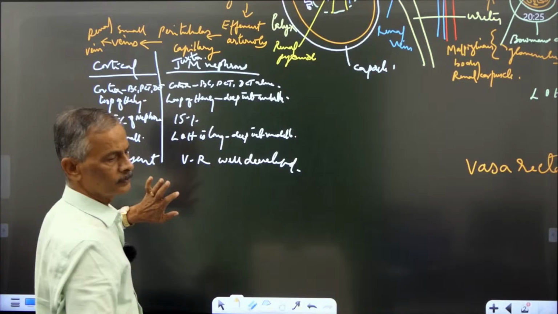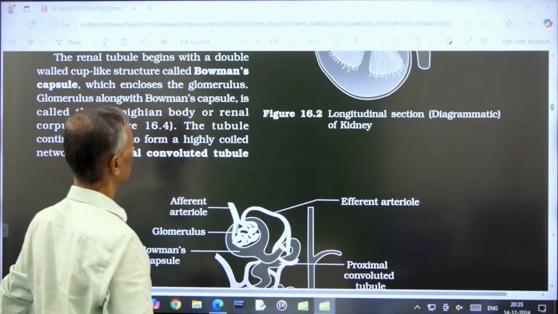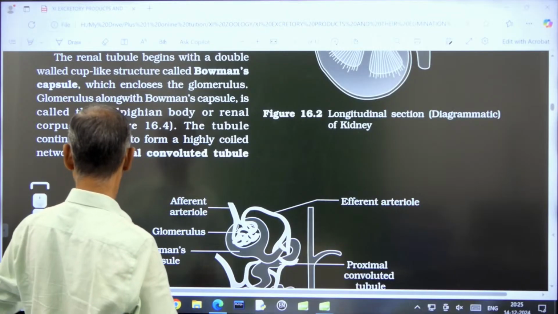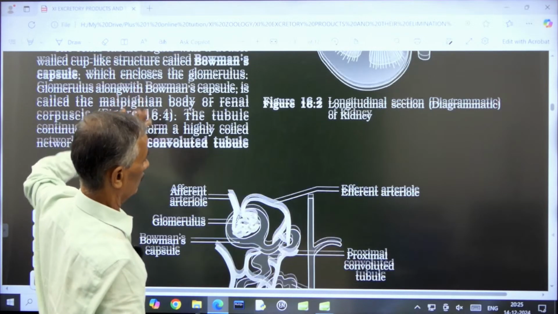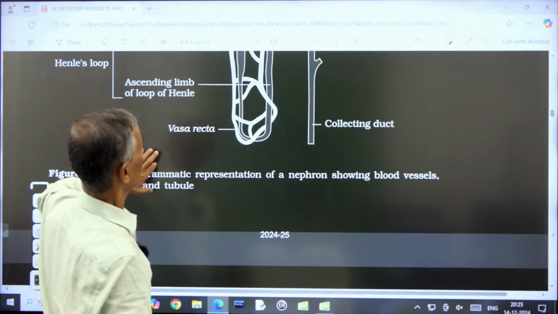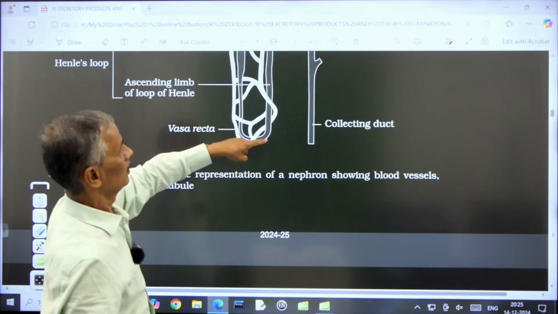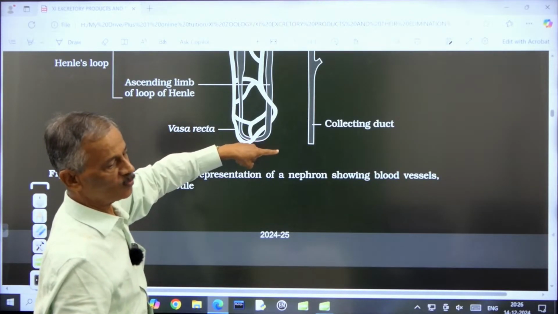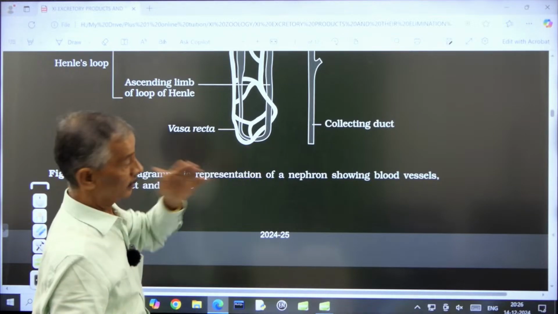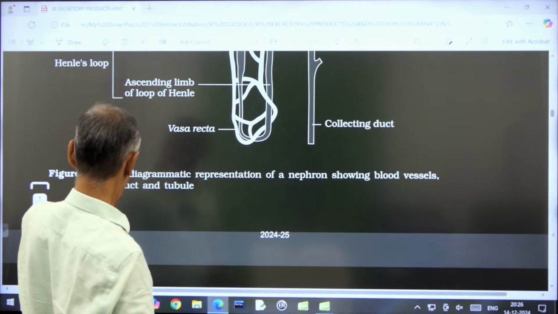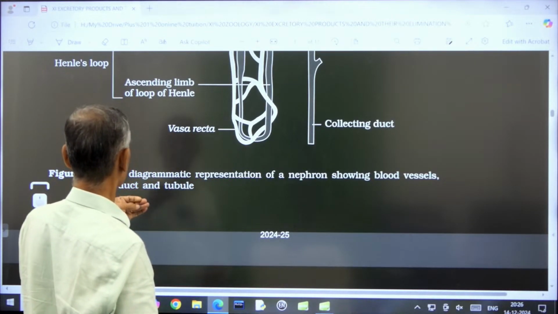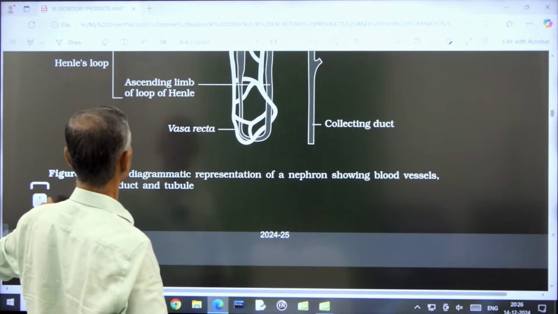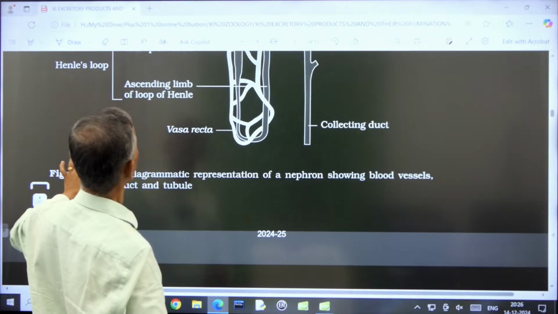Now, collecting ducts are all joining to form ducts of Bertini.